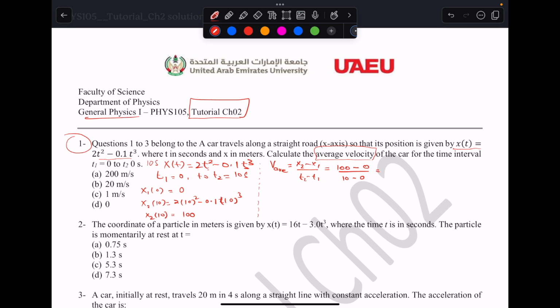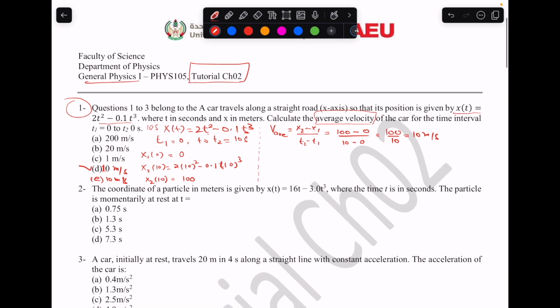So we will get 100 divided by 10, which is 10 meter per second. There is no option 10, so we'll make it this 10 meter per second. So option D is correct, or you can create an option E, which is 10 meter per second. So we have the answer of this.